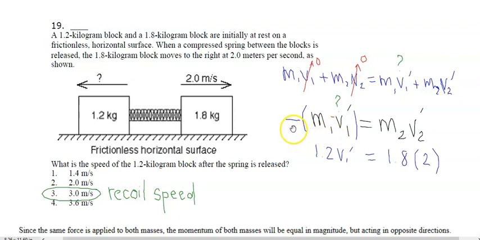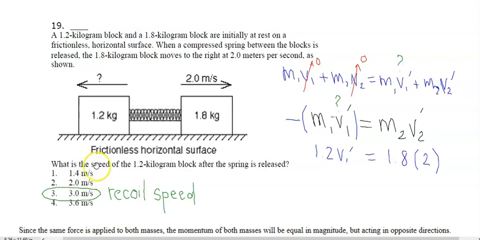And of course you have a negative because the negative indicates that one of the velocities is in the opposite direction to the other one. Putting in the values that we have, we can solve for the unknown, in this case v1 prime, the 1.2 kilogram block. And when we solve, we get 3 meters per second to the left.